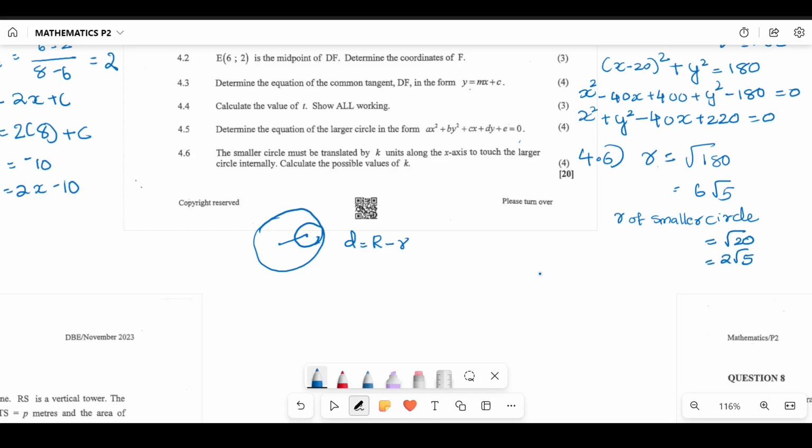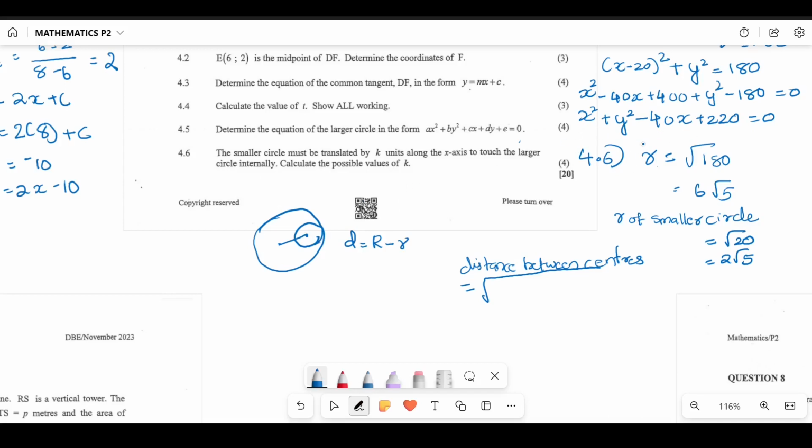Now if it touches internally, the distance between centers is equal to the difference between the radii. So let's find the distance between the centers first.